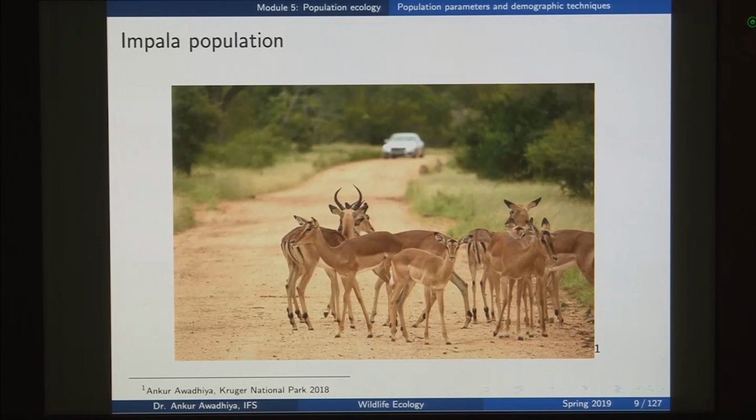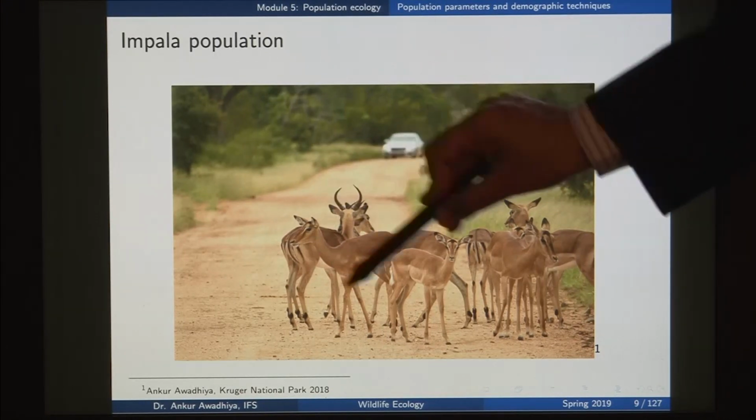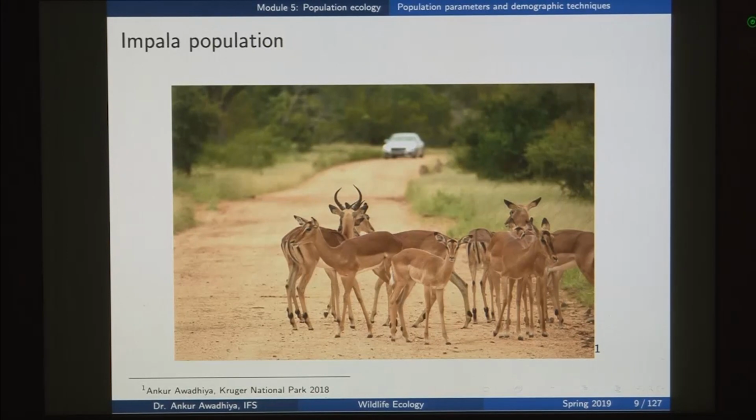Now, why do we need to understand the population parameters? Well, that is important because we want to regulate certain species, and also because we want to understand more and more about certain phenomena that are happening in nature. So, for instance, if we need to increase the population of impalas in this area, now why would we want to increase the population of impalas?